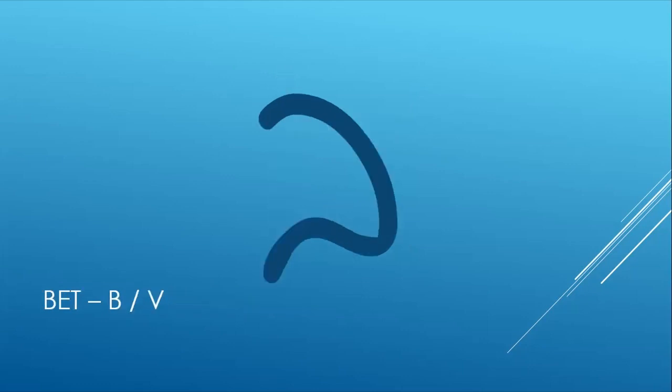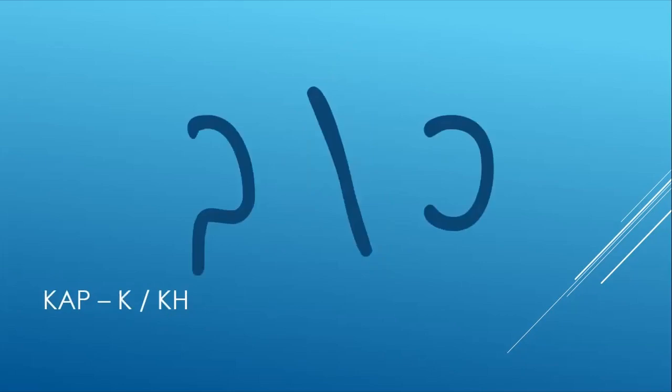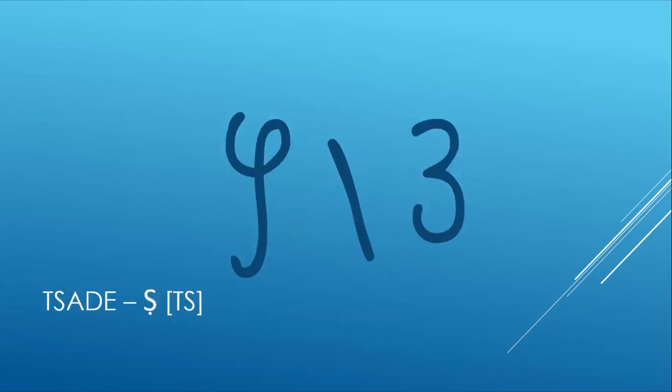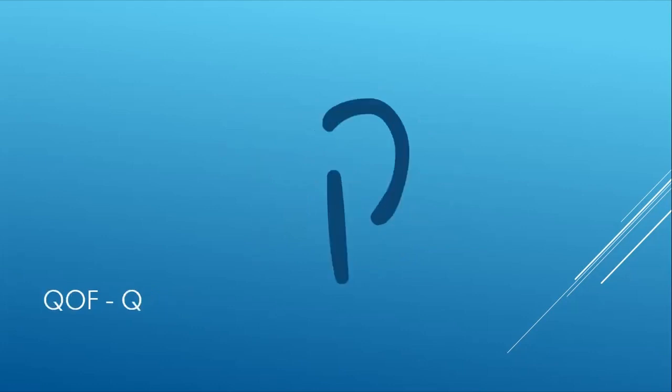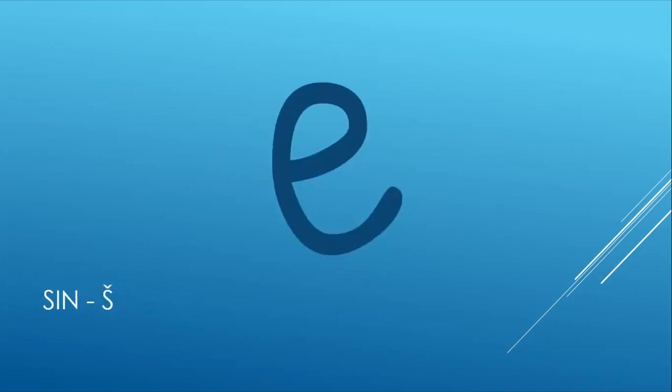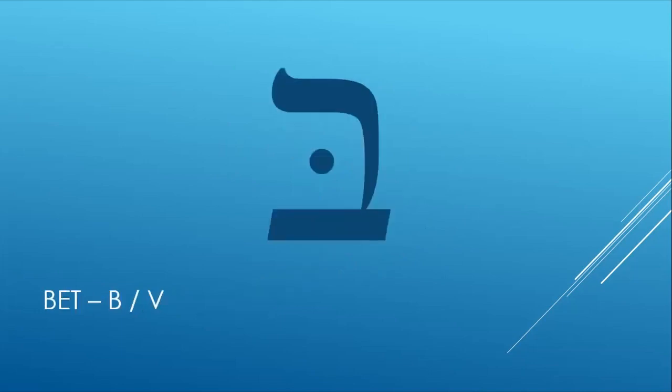So here's your Aleph, Bet, Gimel, Dalet, He, Vav or Waw, Zayin, Chet, Tet, Yod, Kaf, initial medial on the right, final on the left, Lamed, Mem, initial medial on the right, final on the left, Nun, initial medial on the right, final on the left, Samekh, Ayin, Pe, initial medial on the right, final on the left, Tsade, initial medial on the right, final on the left, Qof, Resh, Shin or Sin, Tav.